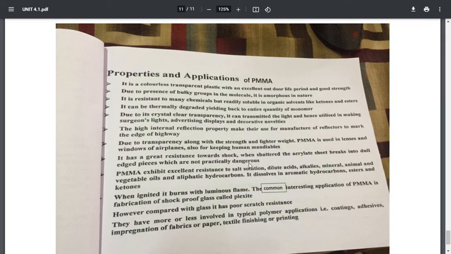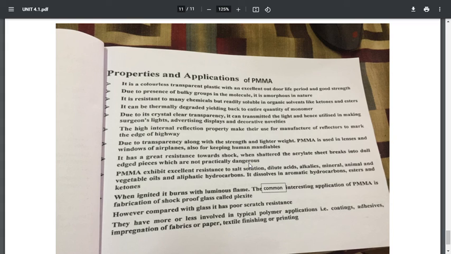PMMA exhibits excellent resistance to salt solution, dilute acids, alkalis, minerals, animal and vegetable oils, and aliphatic hydrocarbons. It dissolves in aromatic hydrocarbons, esters, and ketones. So it is resistant to all these, but it is getting dissolved in aromatic hydrocarbons, esters and ketones.